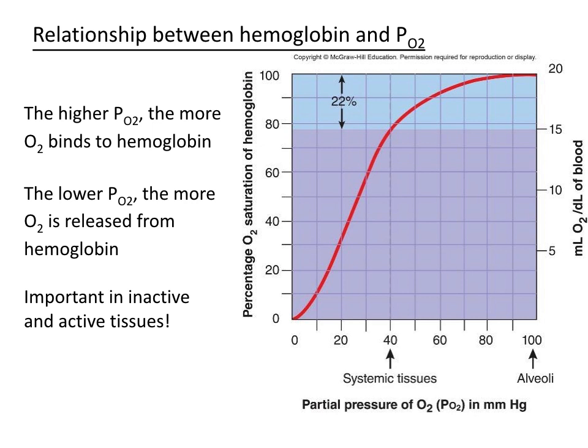Now, this relationship between oxygen and saturation is really important if you think in terms of inactive and active tissues. So let's think about an inactive tissue first. An inactive tissue is not really doing anything. It's some muscle that's not contracting. It's adipose tissue that's not building fat. It's a tissue that doesn't have really a high oxygen demand.